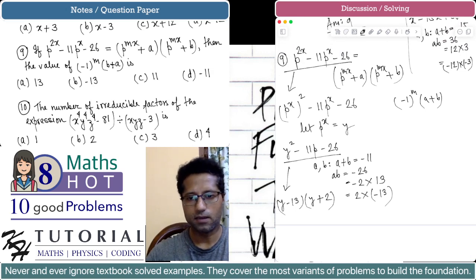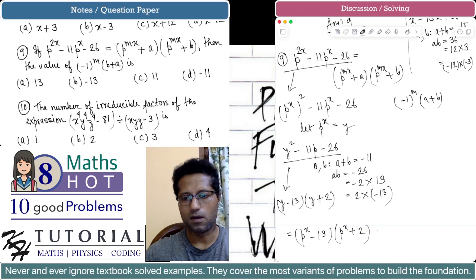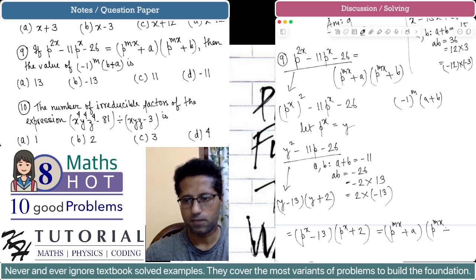Now you can substitute the value of y. We assumed y to be p to the power x. So the left hand side of the equation becomes p to the power x minus 13 multiplied by p to the power x plus 2, and the right hand side is p to the power mx plus a multiplied by p to the power mx plus b.